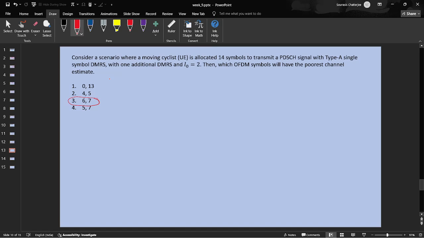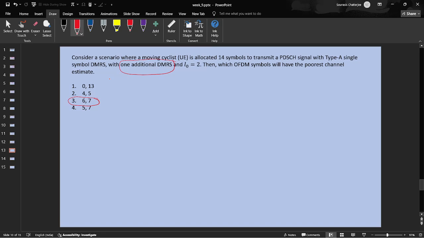Like here it's mentioned one additional DMRS. If that part was gone, the addition would be at 7, but still the channel estimation will be poorest at 13.